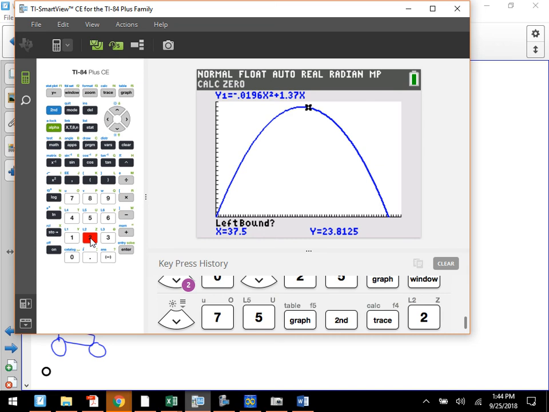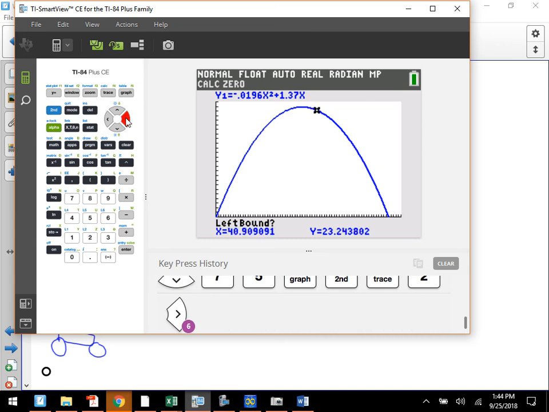So you move your cursor. Yours is a lot faster than this one. I don't know, it takes forever. No, it doesn't work, not for the emulator. So I'm going to get it close to where it crosses over. If you hit it one more time, you'll see mine goes to negative. So I want to be to the left of where it goes negative and to the right of where it is negative.